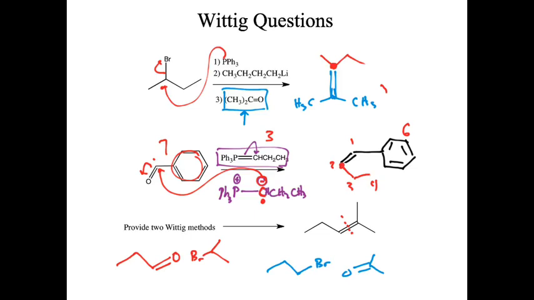By asking for 1 Wittig method, what does your answer become? Why is the answer now only the blue one and not the red one? Does the red one have the acidic hydrogen? Do you have a primary halogen? The very first step of the Wittig is that you react the phosphonium compound with the alkyl halide.